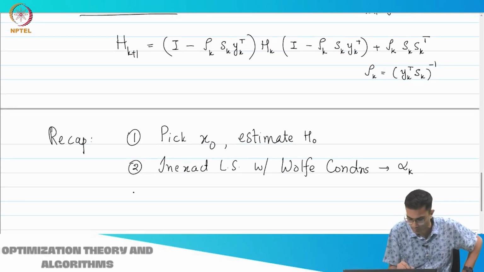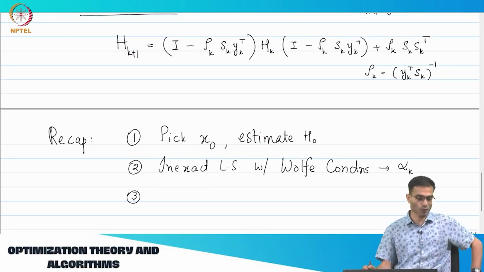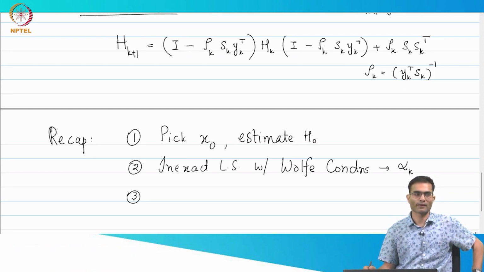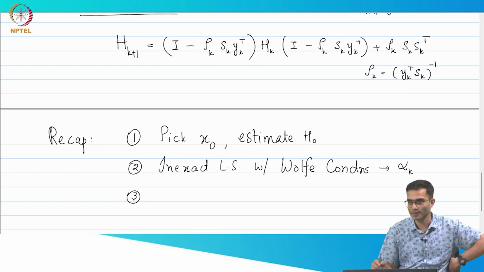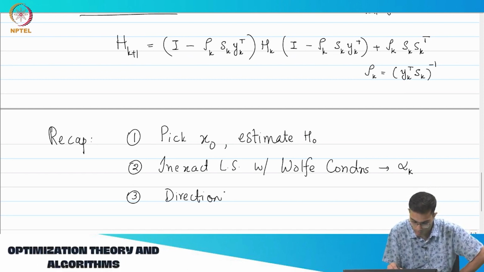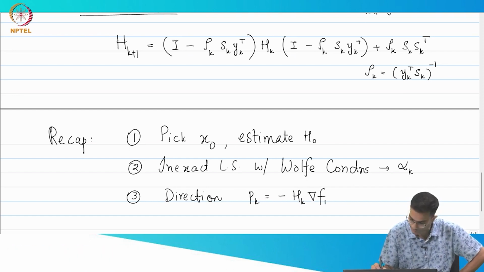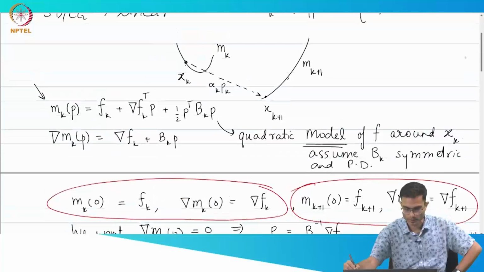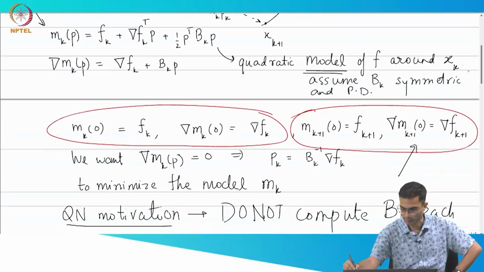Okay, I got it. Do I know which direction to go to? I do. How do I know it? I calculated it right at the beginning, right? So direction is simply pk is equal to minus Hk grad fk, right? If you notice right at the beginning, where did it go?